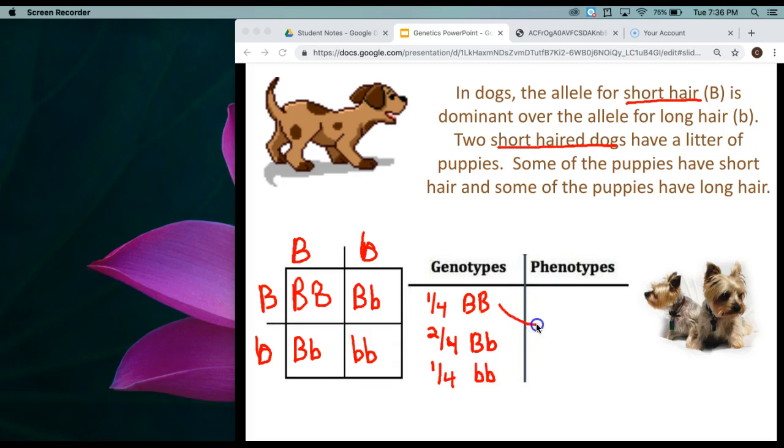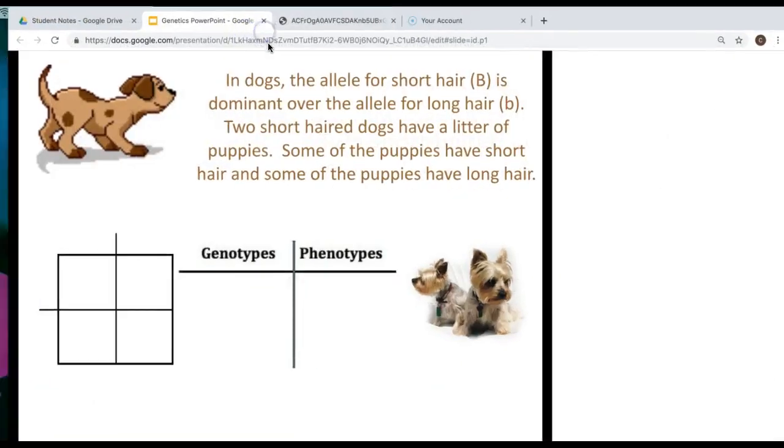So these two will give us 3/4 short hair. This one will be the only one that gives us 1/4 long hair. There's your phenotypes. So let's close this out and look at this one more time.